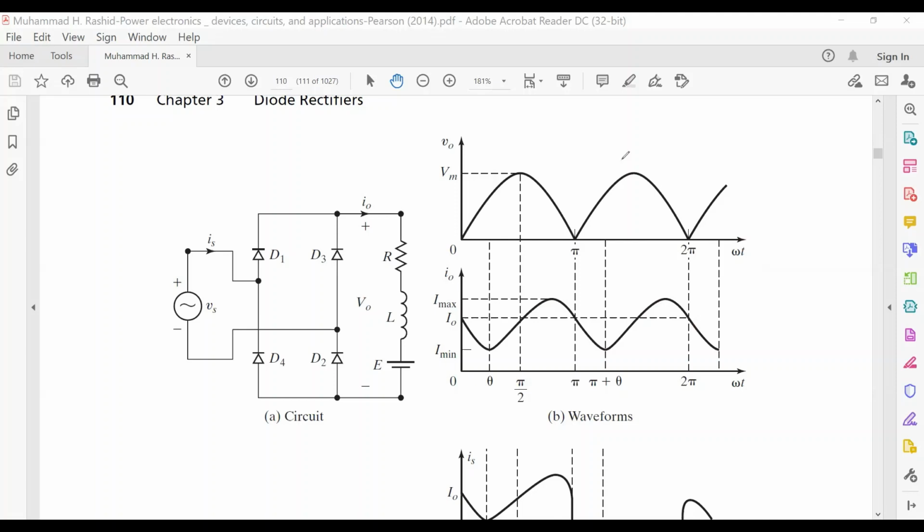That means Vs equals, suppose you have this one, and then resistance, inductance, and back EMF. If you apply the Kirchhoff voltage law, then that will be your Vs.